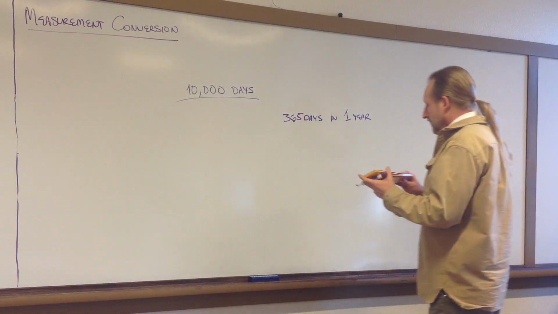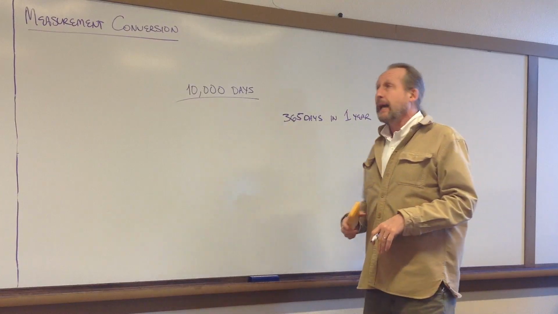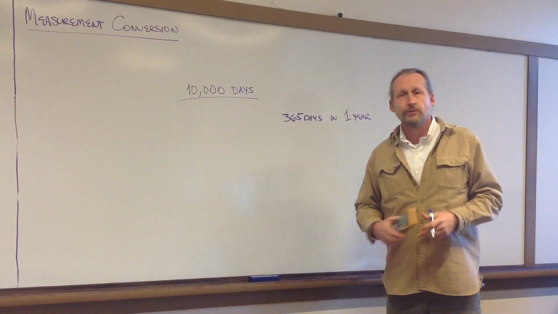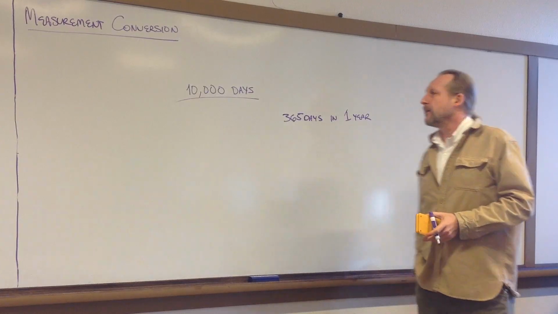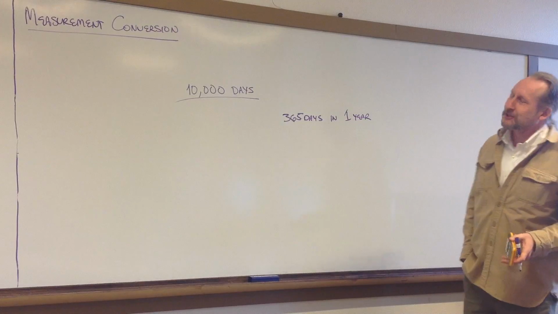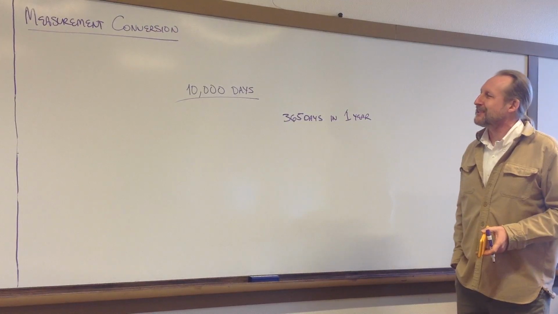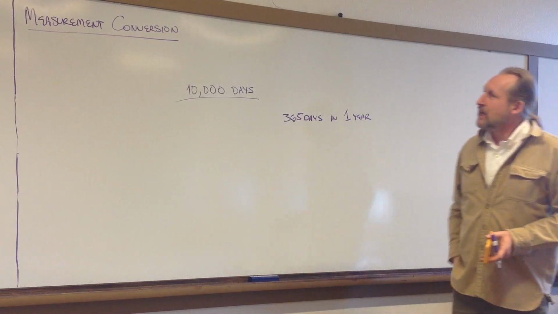It's not a nice even number for how long it takes the Earth to go around the Sun, and also how long it takes the Earth to go around itself. These things are not nice round numbers, and that creates some difficulty in making calendars, which is another subject that I'm pretty interested in. But in any event, let's go ahead and solve this problem.